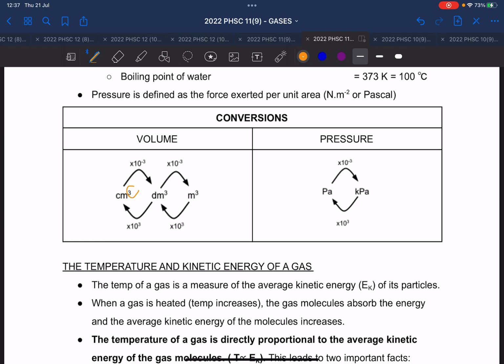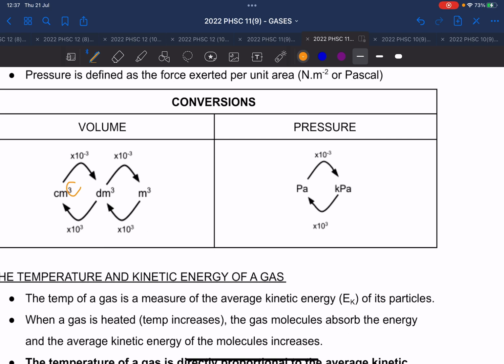Okay. So let's say we have a volume of 21.3 decimeter cubed, and we want it in meter cubed.